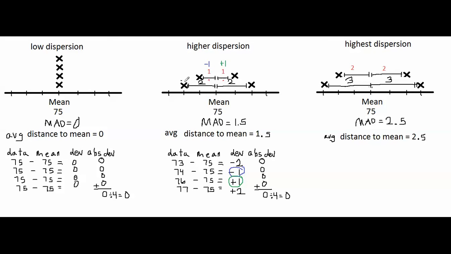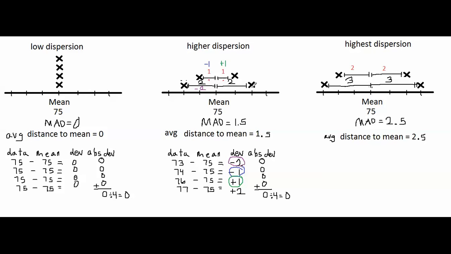This person who got an exam score of 73 is 2 below the mean of 75, which means that their deviation would be -2. That's where this -2 comes from. This person is 2 below the mean of 75.